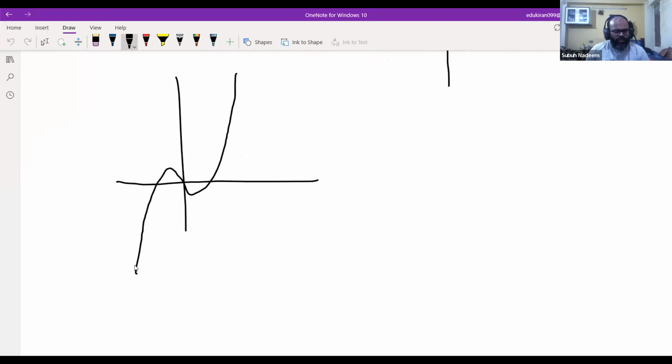Was it like this? Yes, sir. Okay. So here, the function was f(x) is equal to probably x cube minus 2x. Yes, x cube minus 2x. So there are both ways of checking.